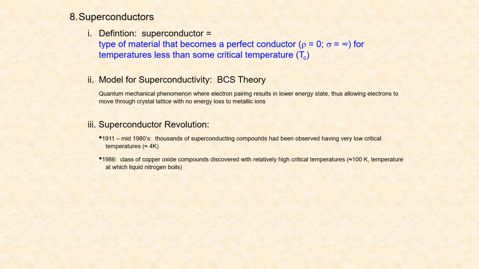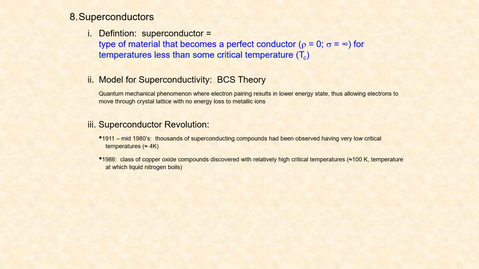So all of a sudden, superconductivity became a practical, technological reality in the mid-1980s. There was one very limiting factor, though, and that is the fact that this class of copper oxide compounds are very brittle.